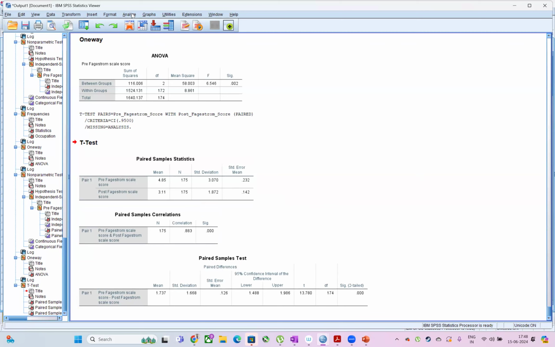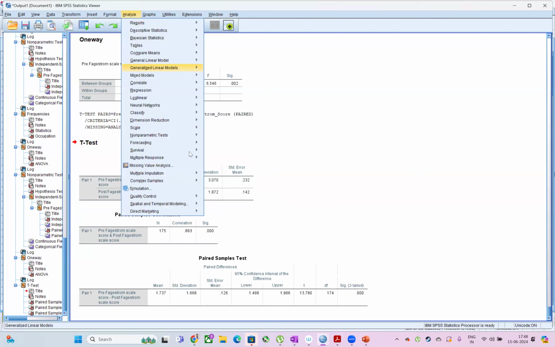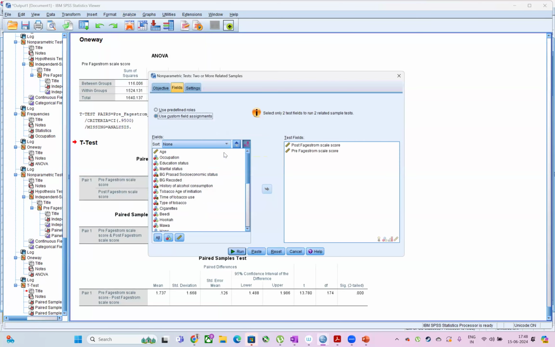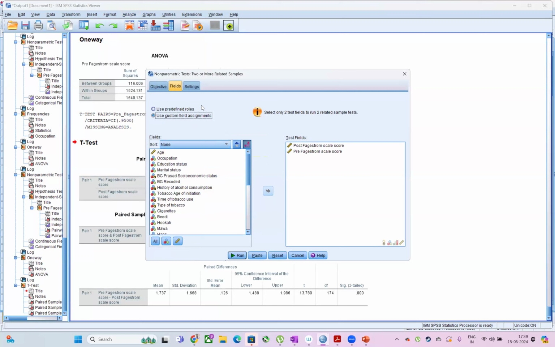So I will go to Analyze, then non-parametric tests, then something called related samples, inside which I am going to put these two scores, and I'm going to give run.